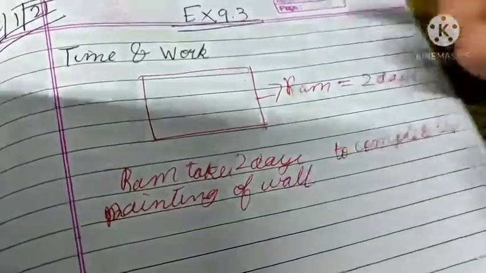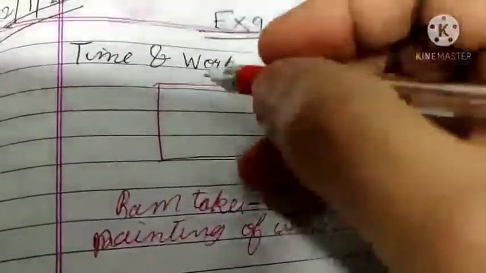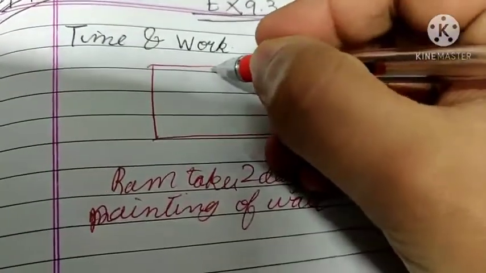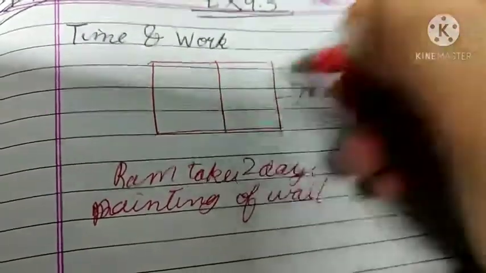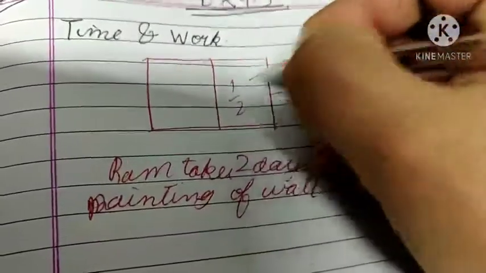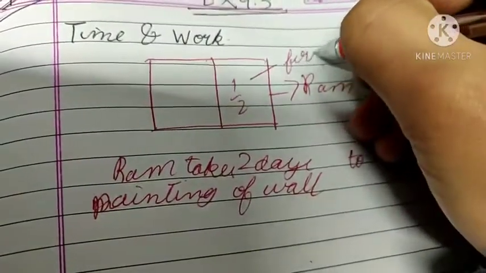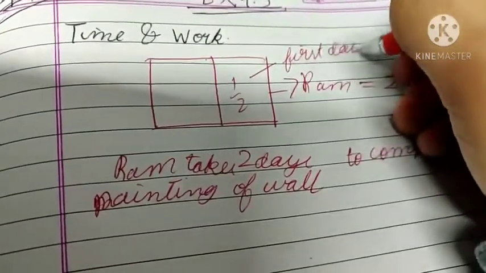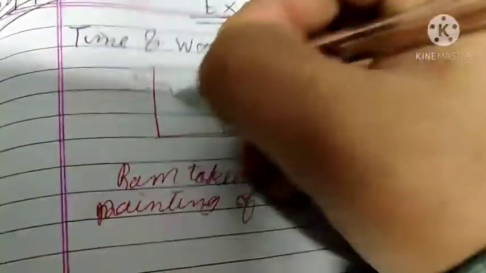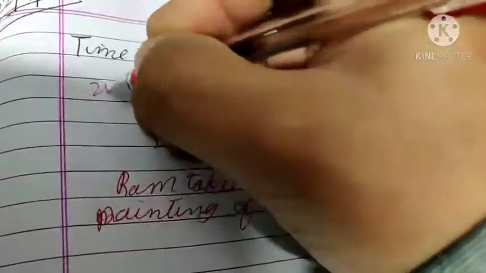Okay, Ram is taking 2 days to complete the painting of the wall, means in the first day he might be doing the half wall, this half on the first day, and this half on the second day.